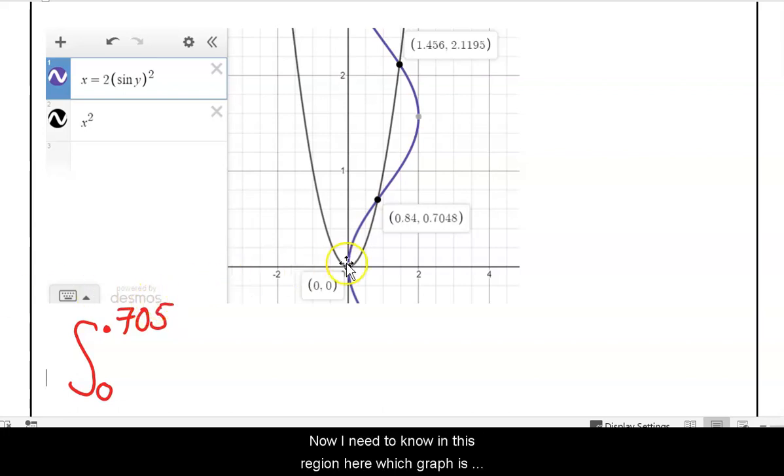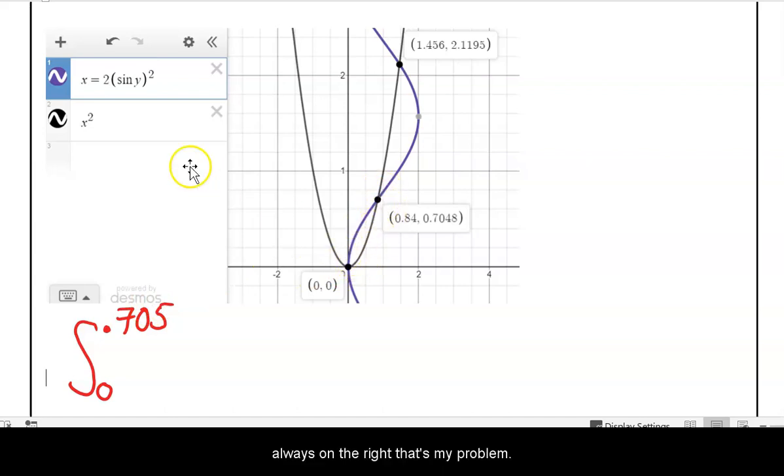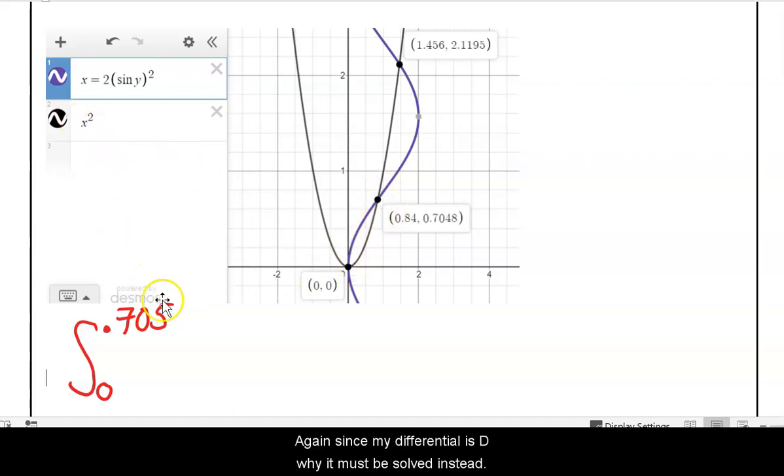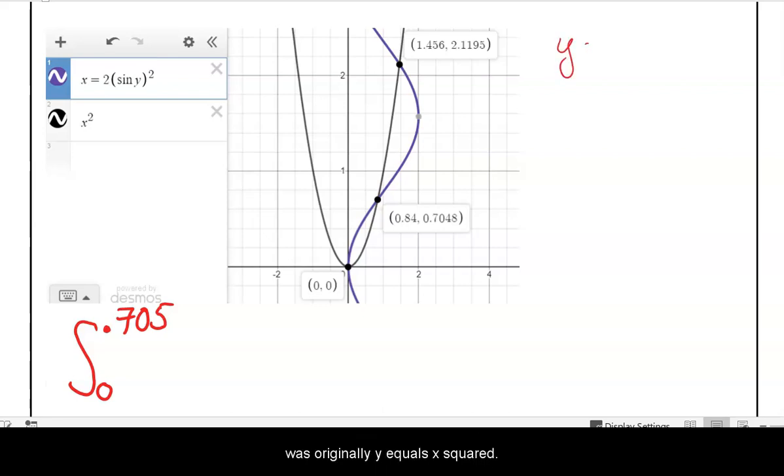Now I need to know in this region here which graph is always on the right. That's my parabola. Now again, since my differential is dy, it must be solved instead for x. If I'm going to solve this for x, remember that my parabola was originally y equals x squared.